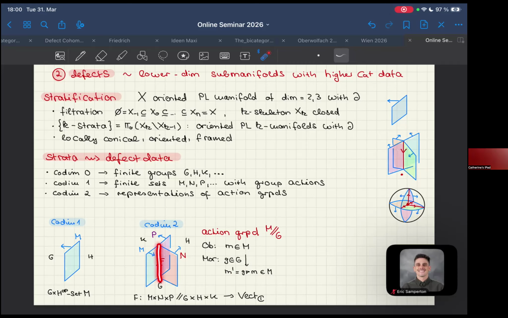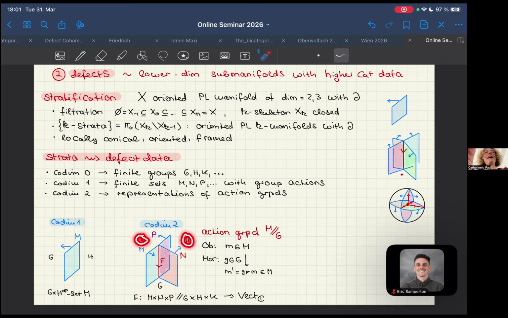Now we want to assign such a representation of an action groupoid to this line here. So how do we build the action groupoid? Well, we consider a small neighborhood of the stratum, and then we look at the defect planes that intersect the small neighborhood, and we just take the product of all the sets associated with these defect planes. So here M, N, and P, and we take the product. And for the group, we do the same with the three-dimensional regions.